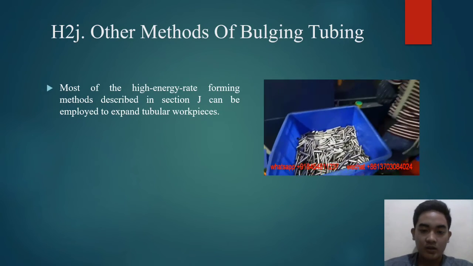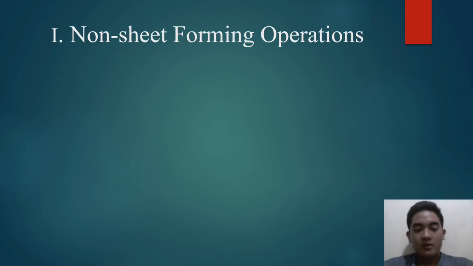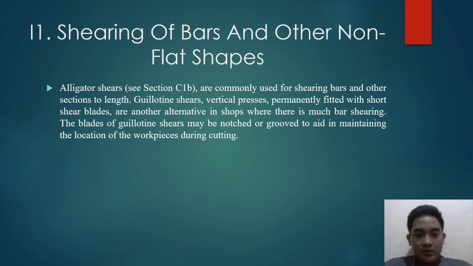Okay. Next, non-sheet forming operations. Shearing of bars, angles, and other non-flat shapes. Alligator shears or C-section shears are commonly used for shearing bars and other sections to length.